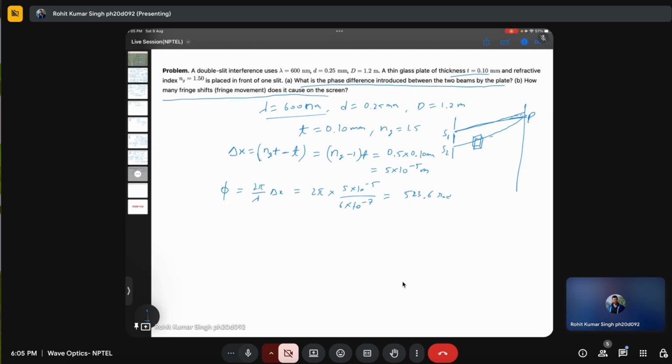Now this is the phase difference. Due to this phase difference, how many fringes will shift on the screen? How do we calculate that? Any idea?